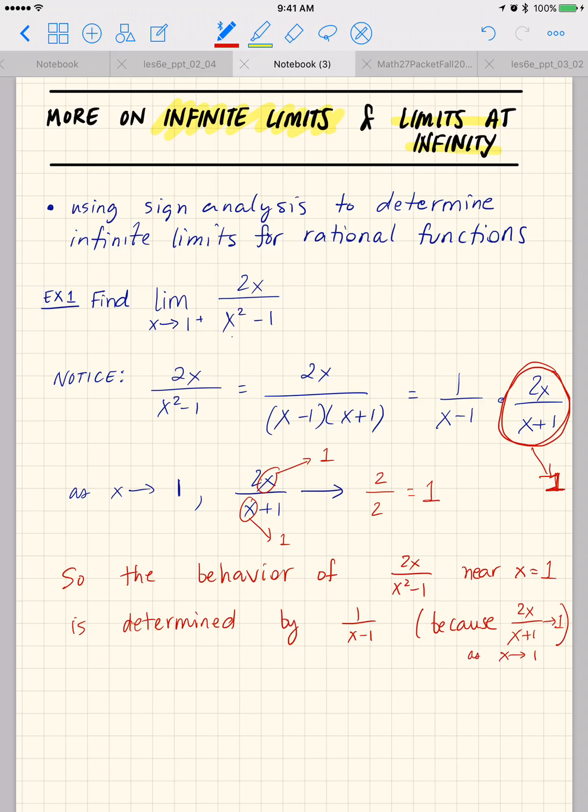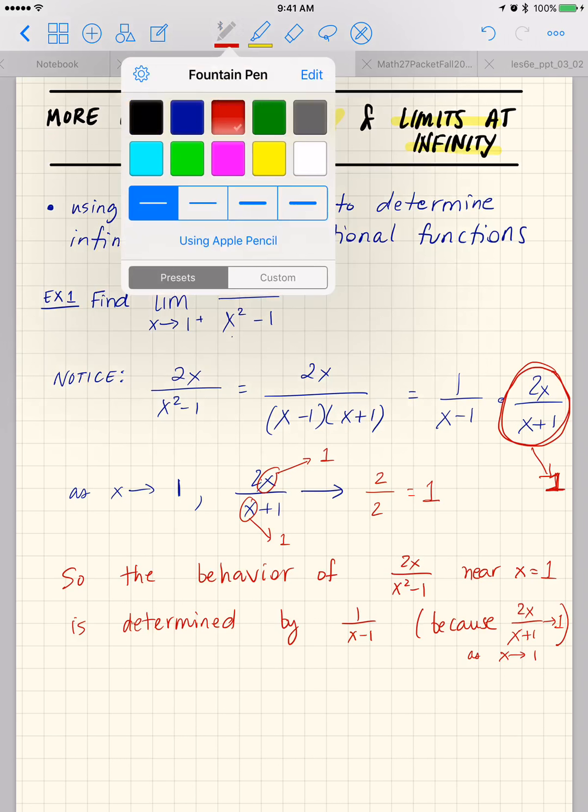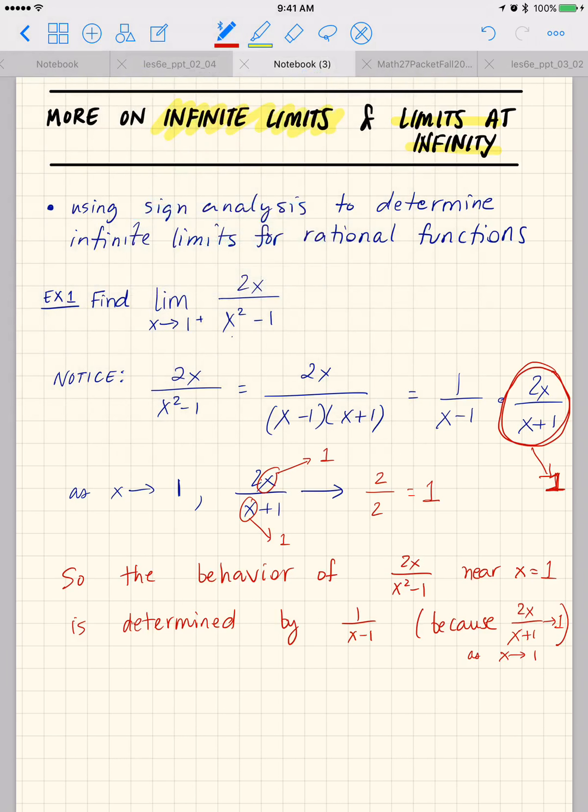Okay. So now we know that as x goes to 1 from the right, 1 over x minus 1 is going to go to either plus or minus infinity.